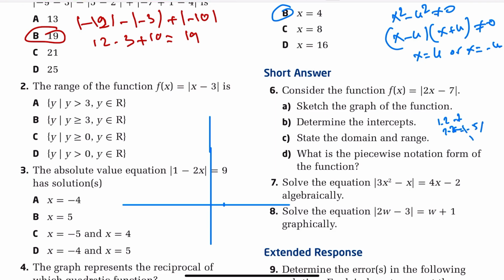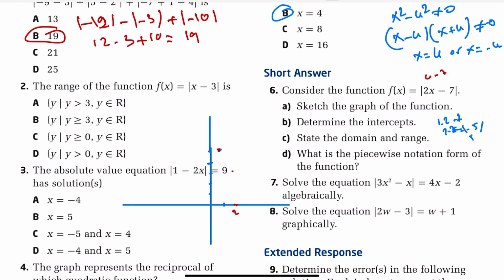Absolute value is 5. So 1, 2, 3, 4, 5. So 1 will be here. Let me use another color. For x equal to 2, it will give me 4 minus 7, which is minus 3. So 2 is 1, 2, 3.